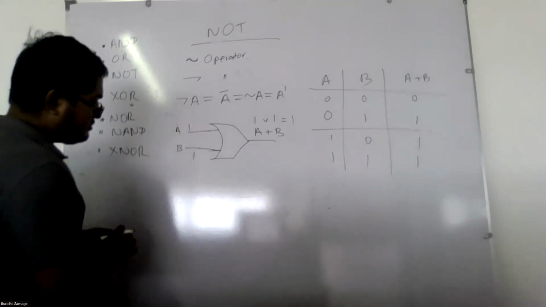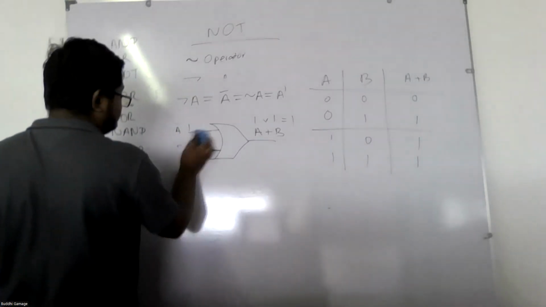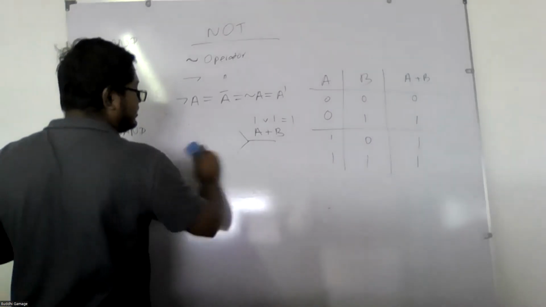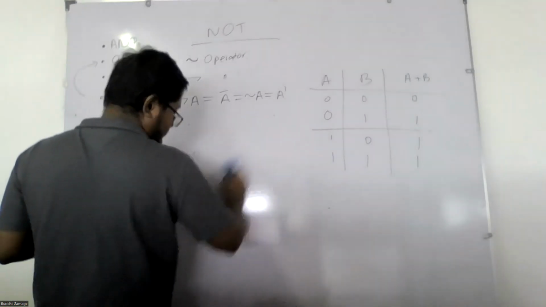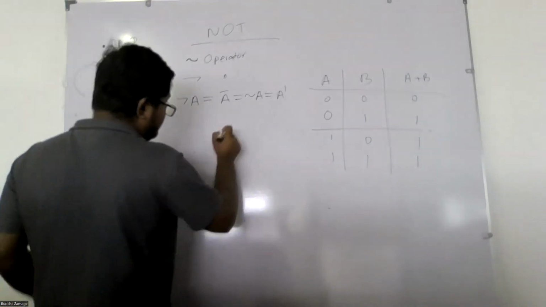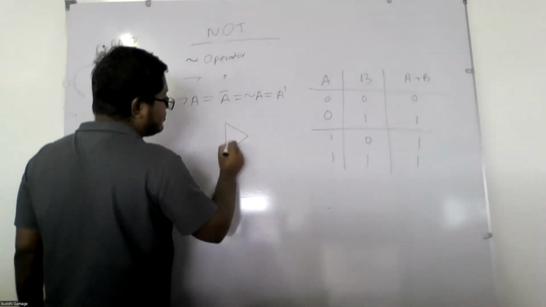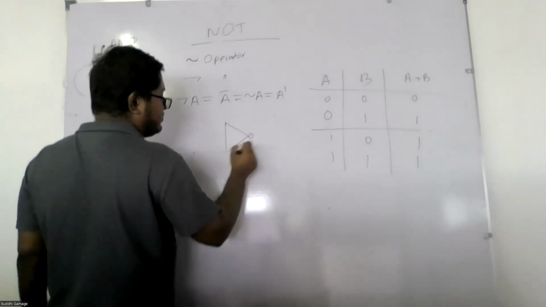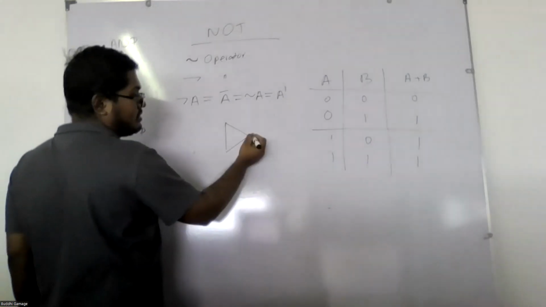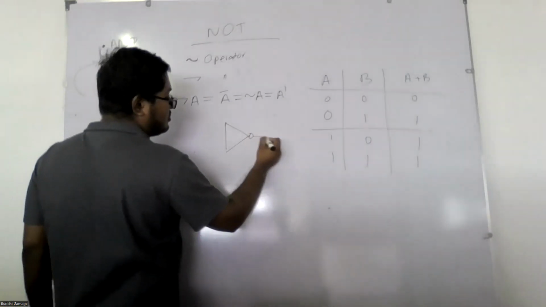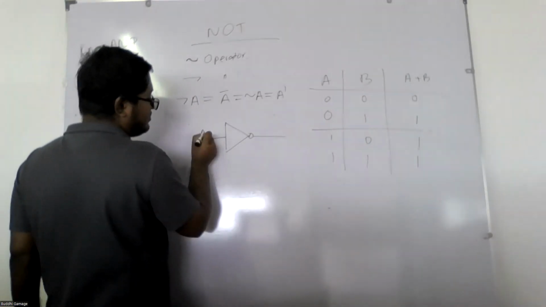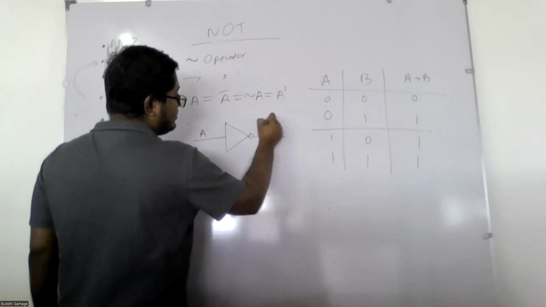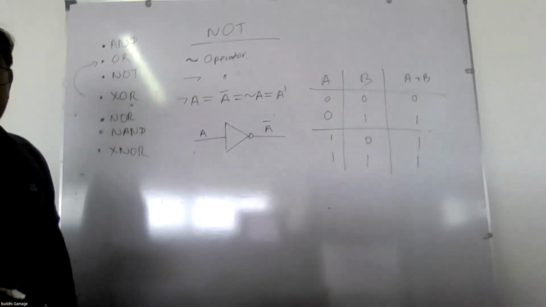These are all equal, so there are many ways you can write the NOT operation. And the gate will be this. There should be a small round or small circle here. So the input is A, and the output is A bar, or NOT A. Fine.